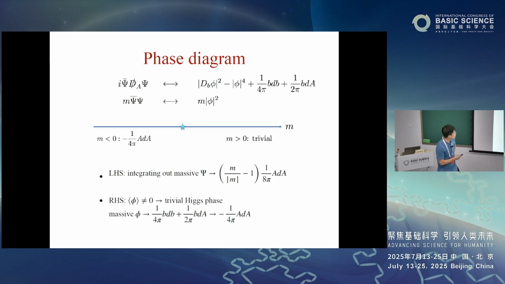And with the opposite mass, the scalar field phi condenses. Once phi condenses, the gauge field is Higgsed. Doesn't matter what the Chern-Simons level is, you get a trivial vacuum. So that phase diagram also agrees. Okay. So the phase diagram checks out.